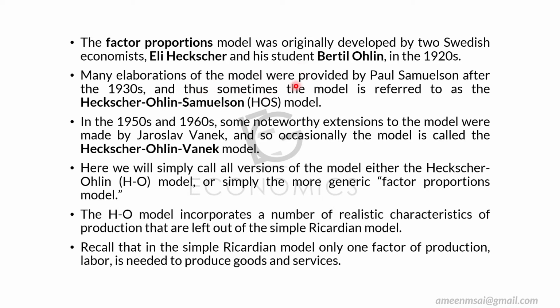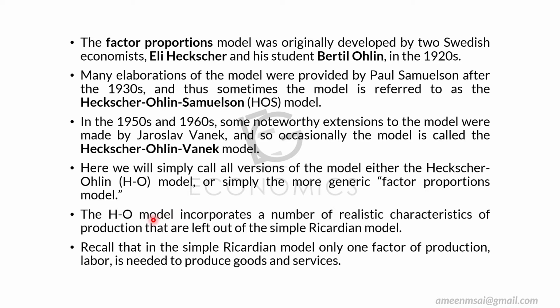Many elaborations of the model were provided by Paul Samuelson after the 1930s, and thus sometimes the model is referred to as the Heckscher-Ohlin-Samuelson model. Again, in the 1950s and 1960s, some noteworthy extensions were made by Jaroslav Vanek, and so occasionally the model is also called the Heckscher-Ohlin-Vanek model. But ultimately we call it the HO model or the Heckscher-Ohlin model, and in generic terms, the factor proportions model.